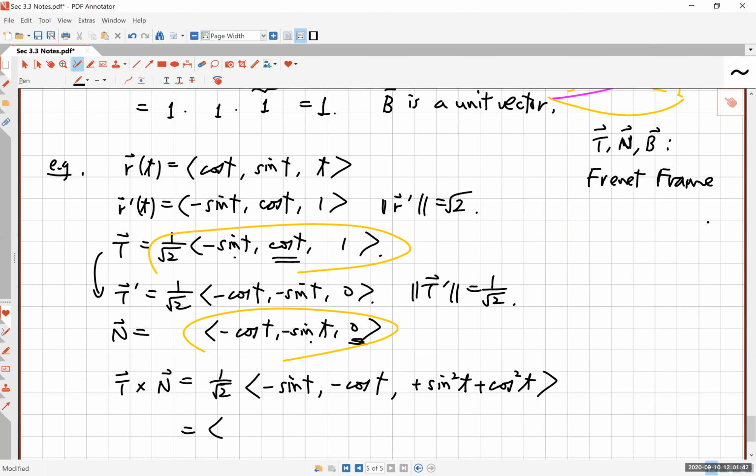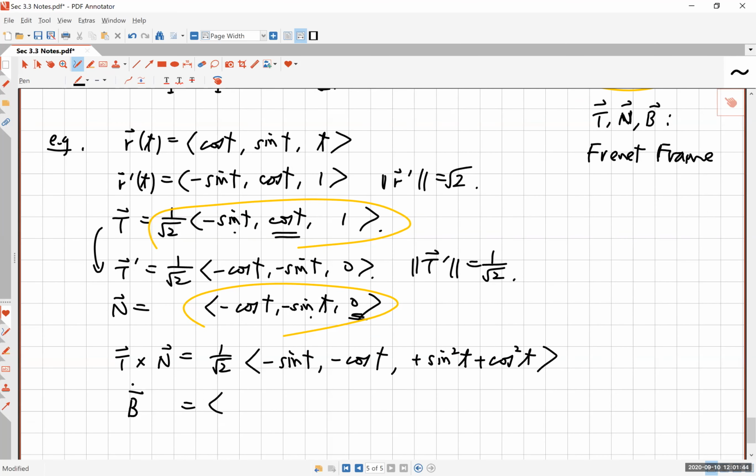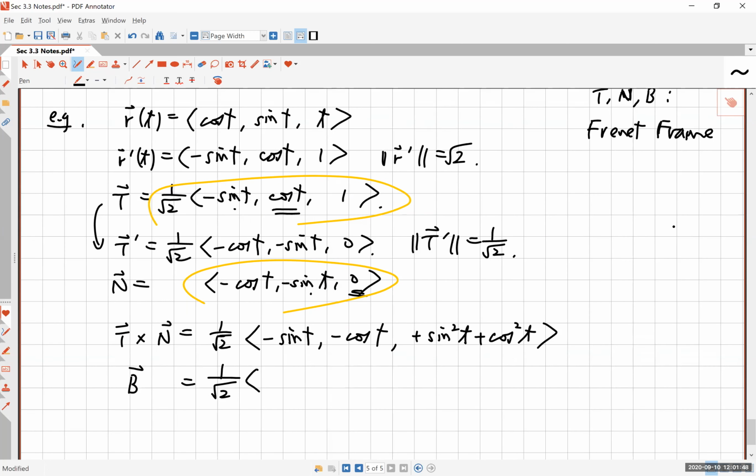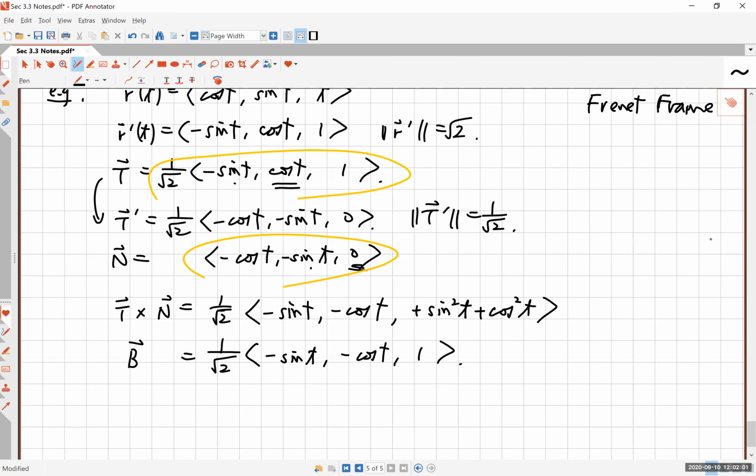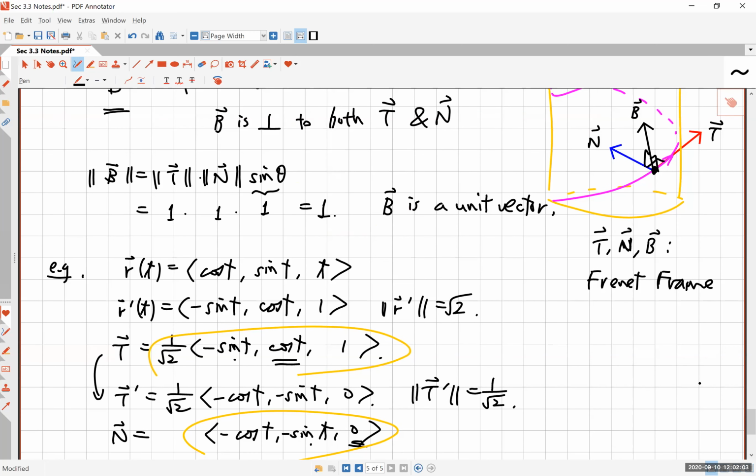So the answer, this is your binormal. Okay, the binormal is 1 over square root of 2 times the vector negative sine t, negative cosine t, and 1. Okay, and you can see that this is consistent with what this B is.